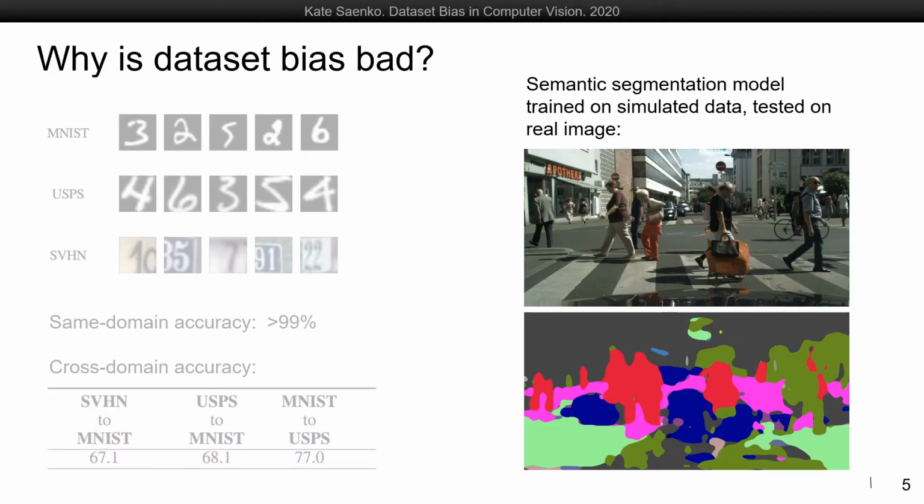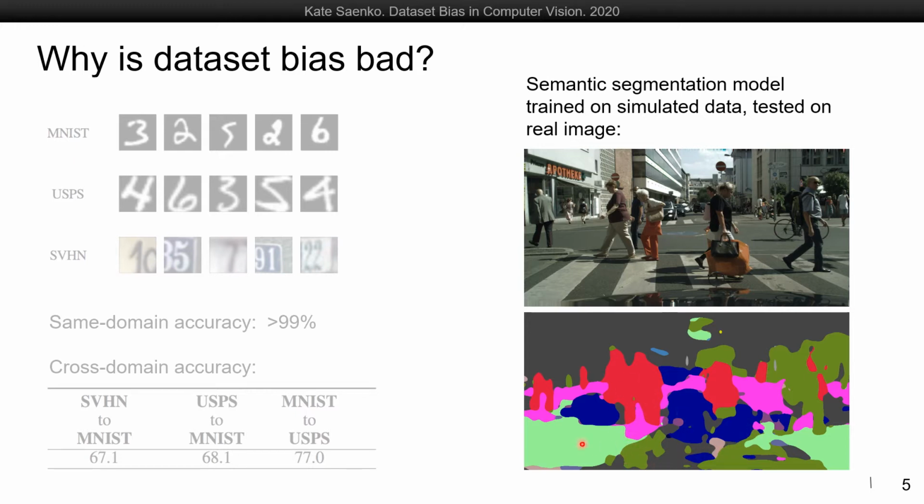Here's another example. In this case, the task is semantic segmentation of an image into semantic categories like pedestrians, road, street signs, bicycles, and so on. Here you see the input image, which comes from a real domain. It's a real image, but the model was trained on simulated data. And you can see that its predictions are very poor.